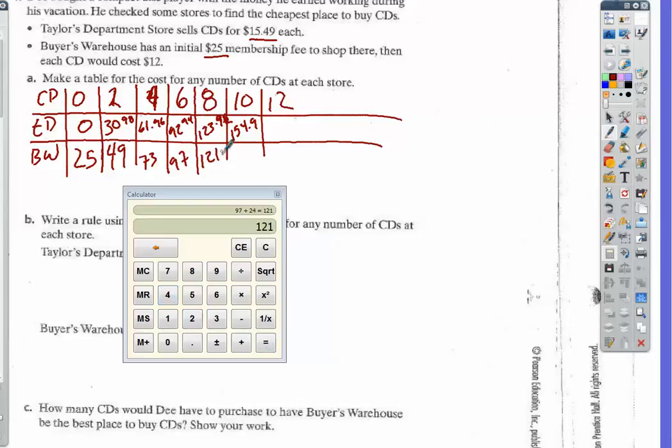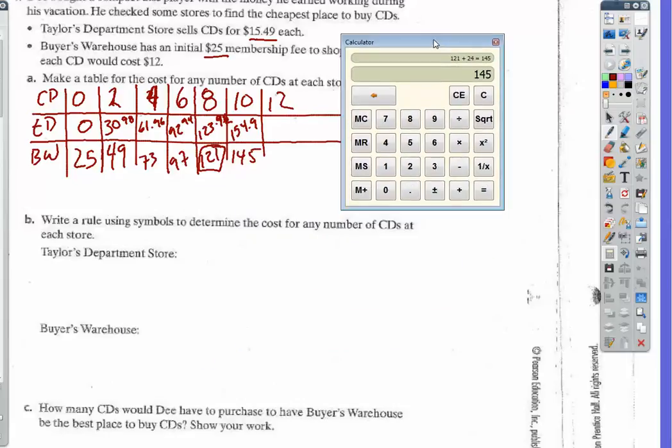Ah, look at this. So now Buyer's Warehouse is cheaper after 8 CDs. So I'm going to go ahead and finish up my table. And so now I know that for anything 8 or more CDs, I should buy at Buyer's Warehouse. Anything less than that, I should go to the department store.